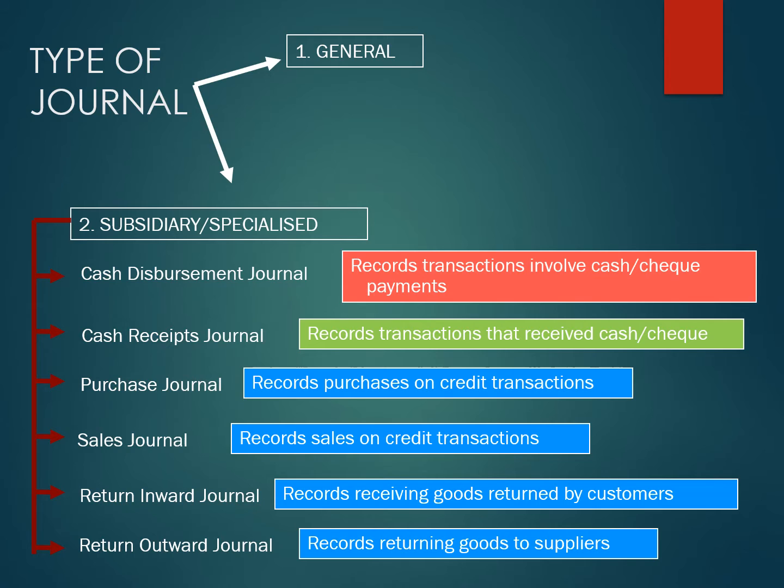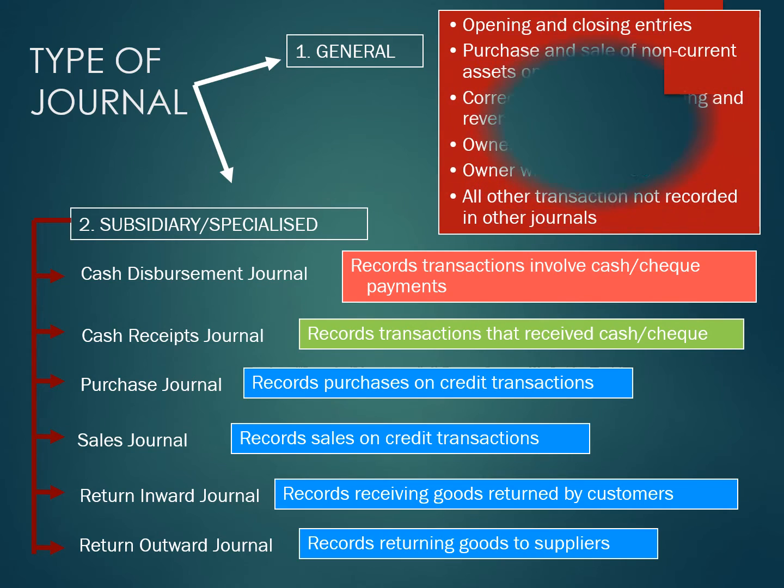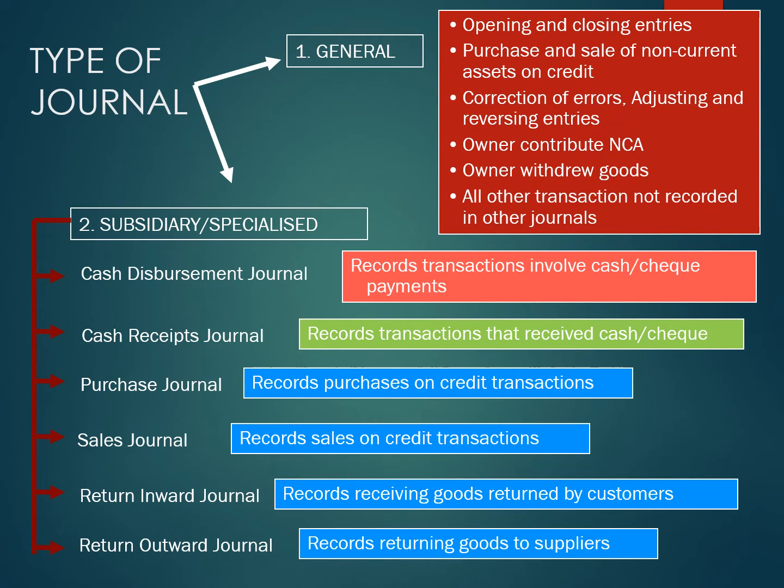And the general journal records the opening and closing entries of the accounts at the end of the year, and the opening of your accounts for the year.